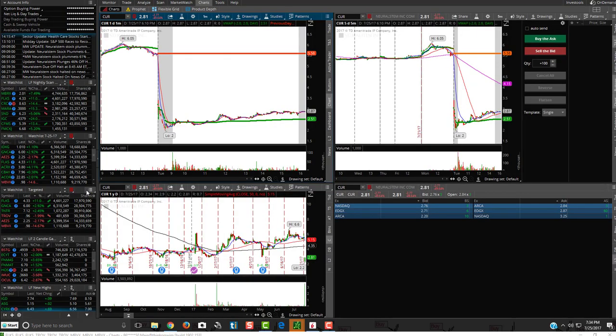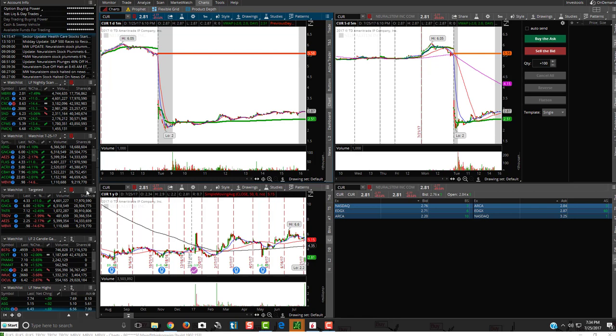Basically, float makes a stock move. It's the number of shares that are available to trade of each stock. The more shares that are available to trade, the less demand, because it's easy to get shares. The fewer shares that are available, the more demand.